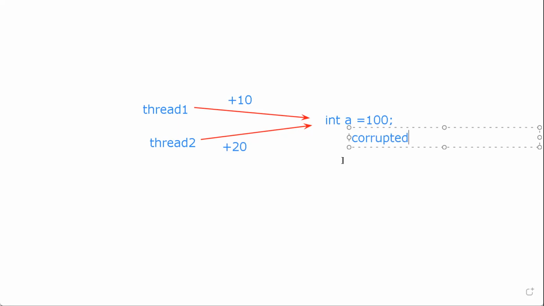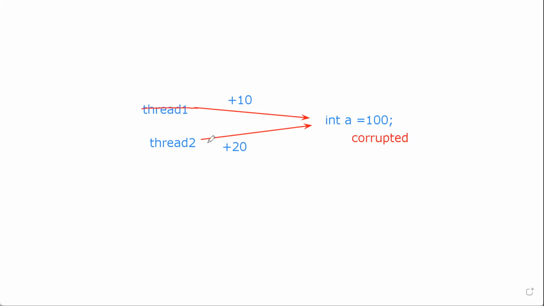Which is not a good scenario. The value of a will be totally lost, but we don't want such a situation to happen. So when two threads are competing, one thread has to be allowed at a time. How can you allow one thread at a time?